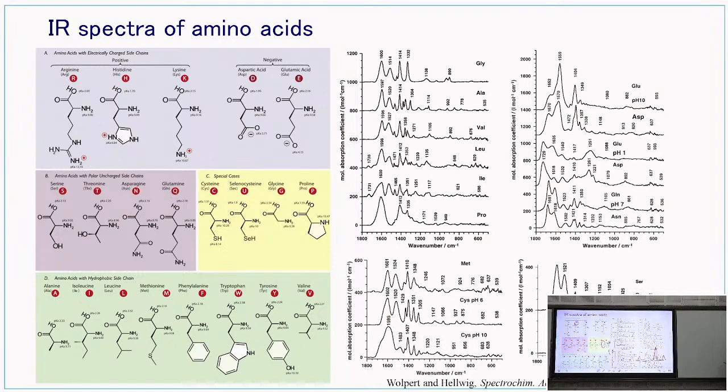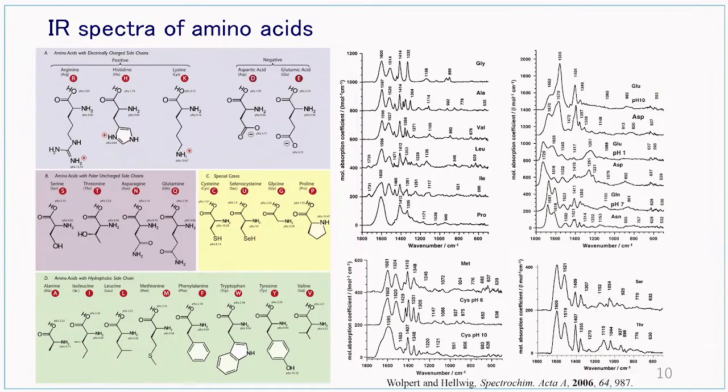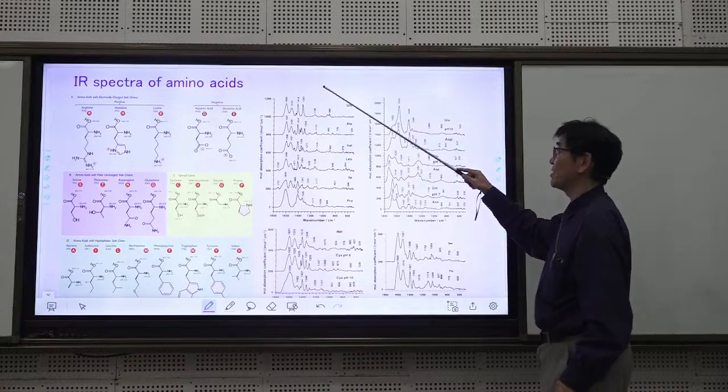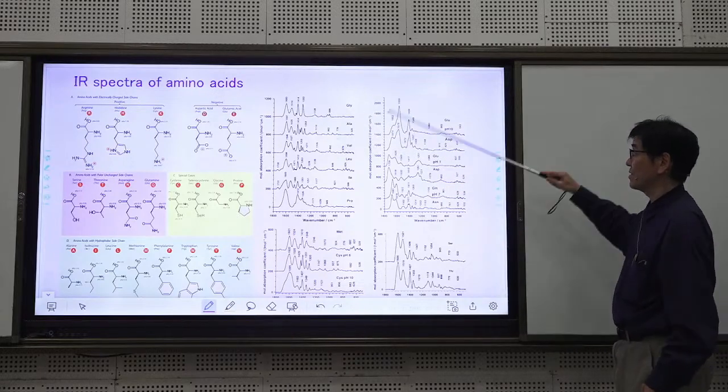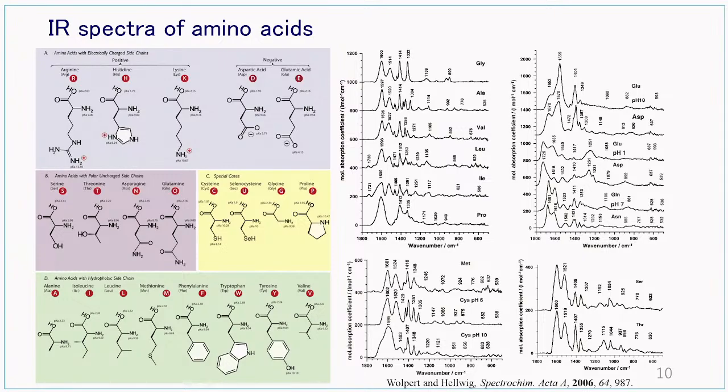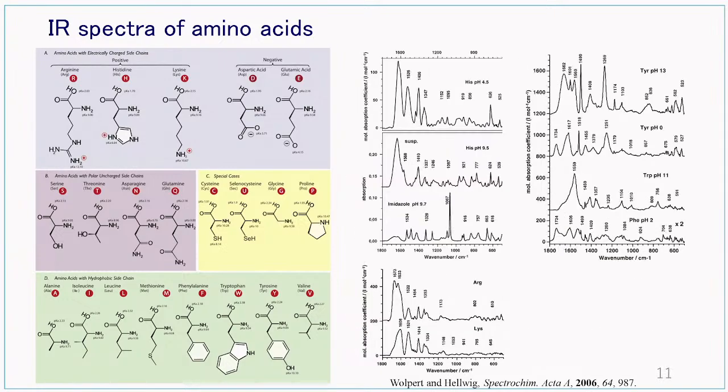So here is an example. The spectra of many compounds have already been clarified. For example, 20 amino acids are already studied, and a thorough study has already been done.